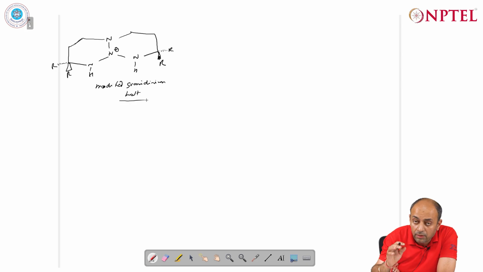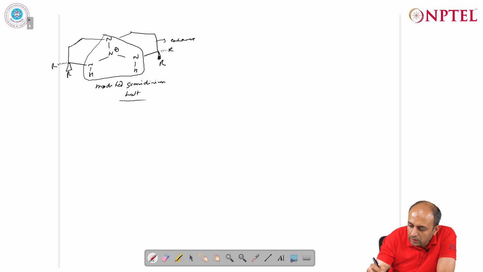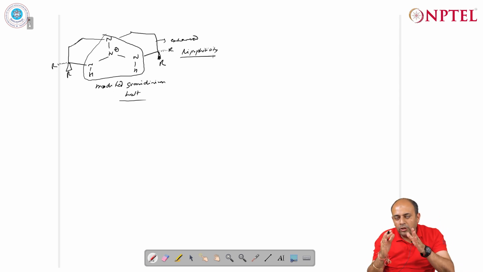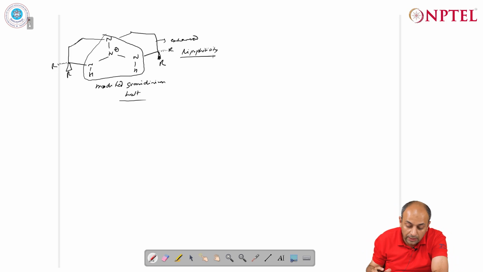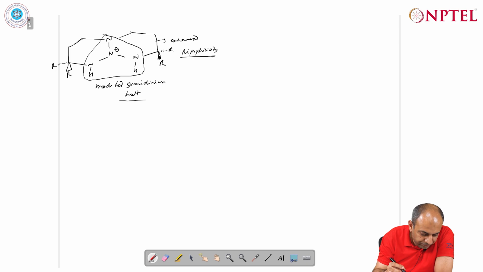And there is a reduction in the positivity. It is only positive in this particular region, but it also has enhanced lipophilicity. When you have reduced positive charge and enhanced lipophilicity, extensive solvation will not take place. That will minimize the solvation, and therefore this kind of host is expected to have much stronger binding with the phosphate anion.